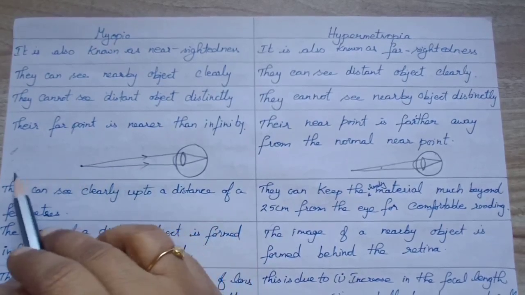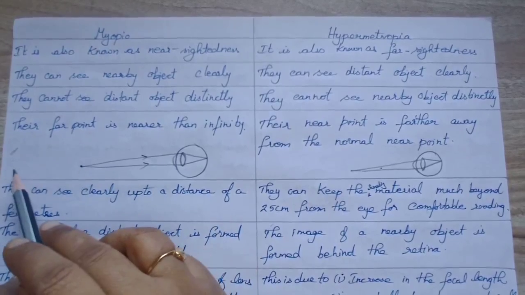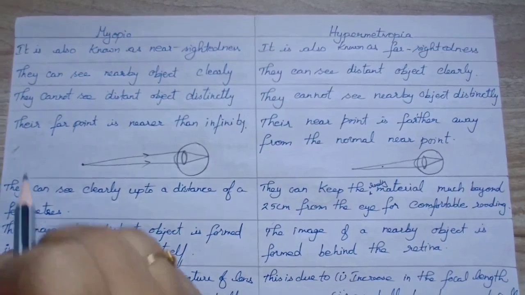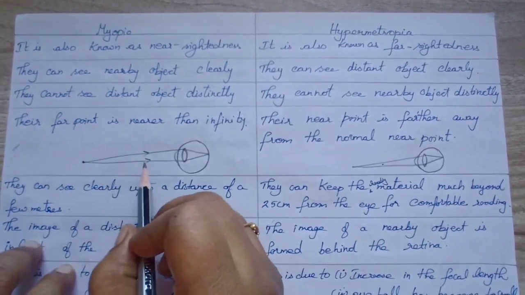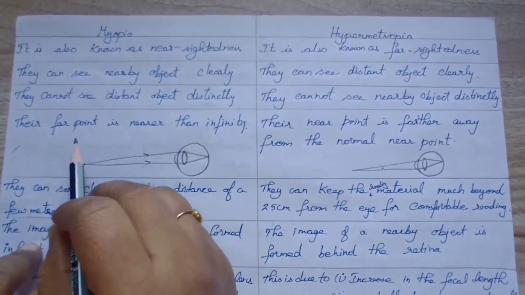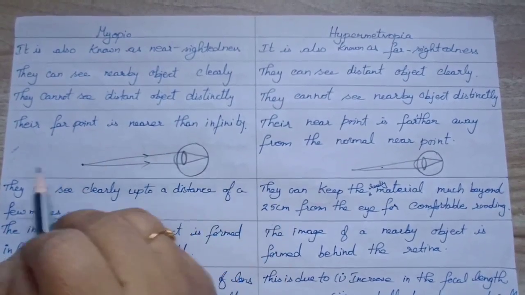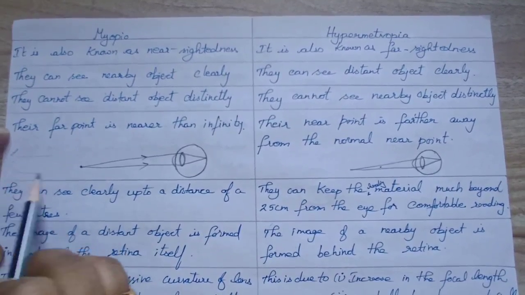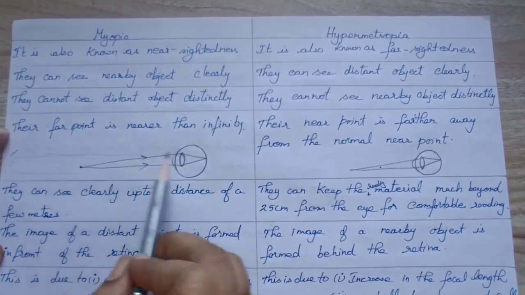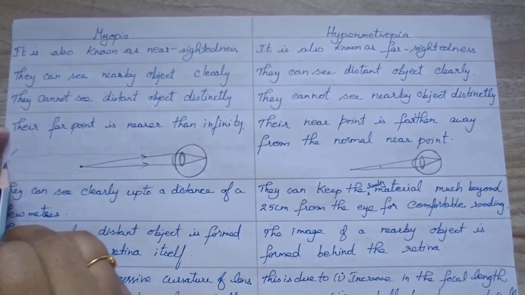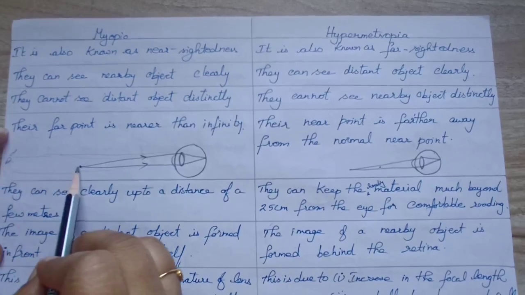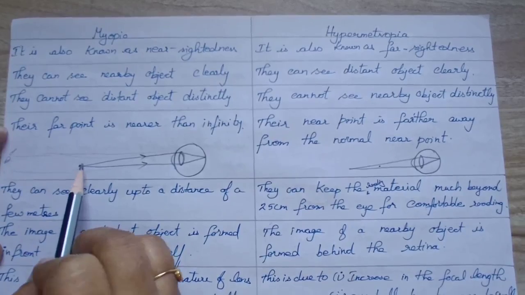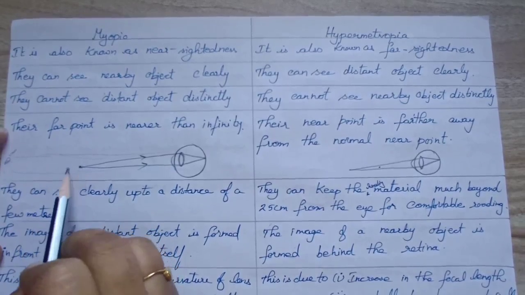If it is further away from this point, they are not able to get a clear image. Their near point will be 25 centimeters only, and the far point is nearer than infinity. For example, they are able to see the object clearly only if it is present at this distance. The far point is nearer to the eye than infinity.